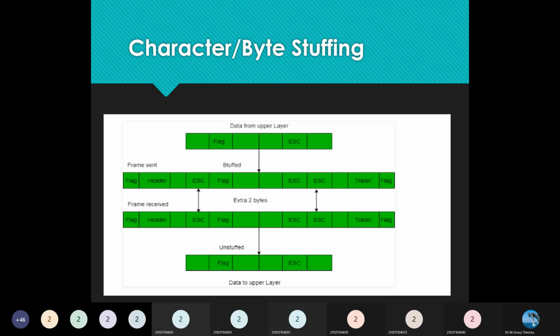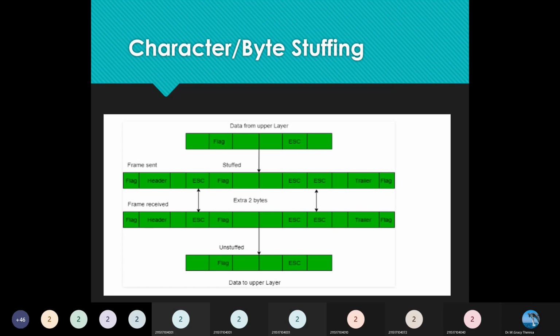As I said, we are talking about the framing concept. In framing, we have a start frame and end frame indicated by means of a flag. In a variable size, the size of the frame is not fixed. It can be 2 MB or 2 KB or any size, 1 MB frame or something like that.